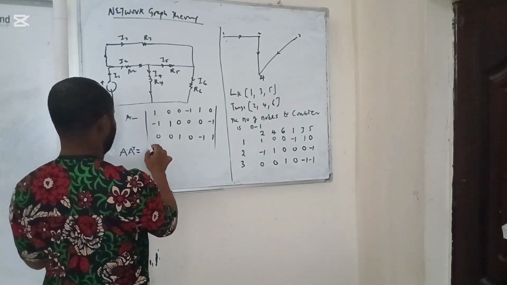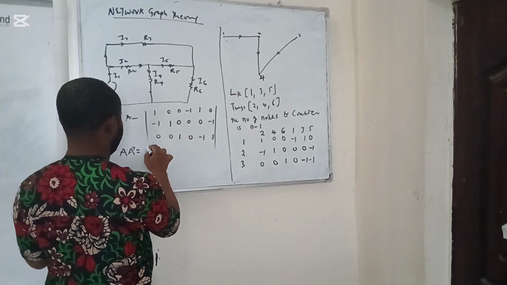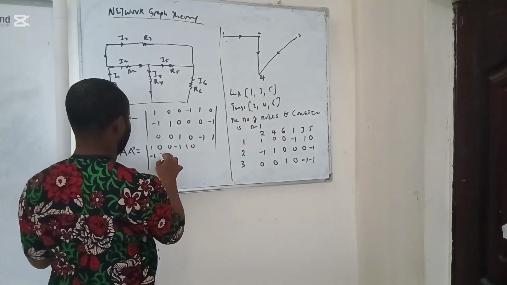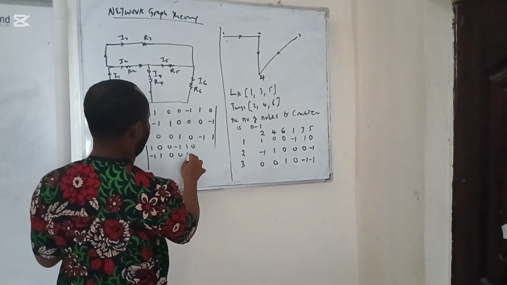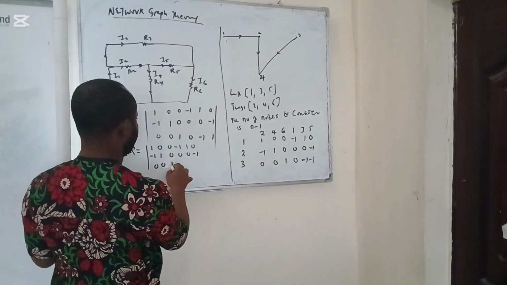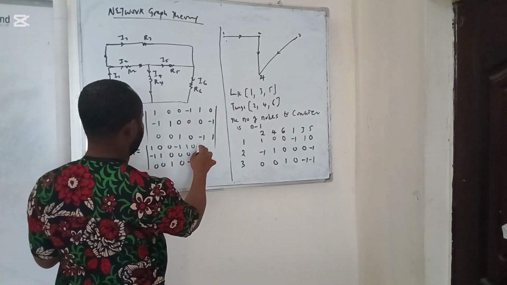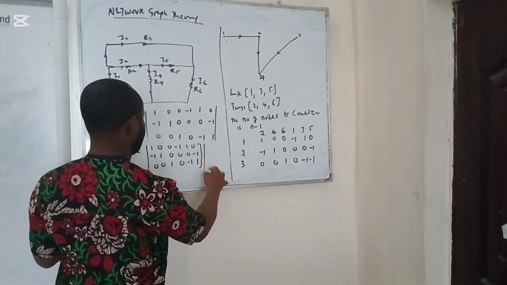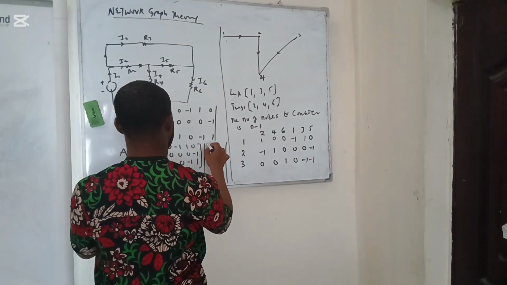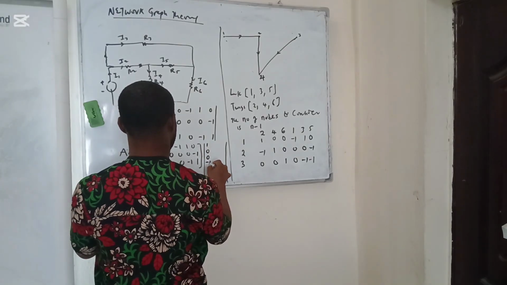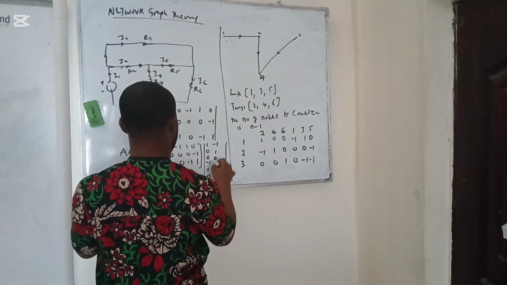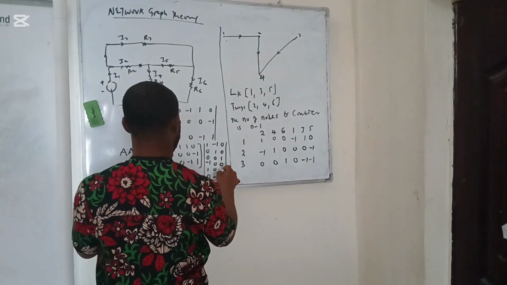So we are saying that if you multiply your A, this is A, by the transpose of that same graph matrix, where the transpose is when this will come first, and the middle will take this, you have 1, 0, 0, minus 1, 1, 0, 0, 0, minus 1, and also 0, 0, 1, 0, minus 1, and 1.